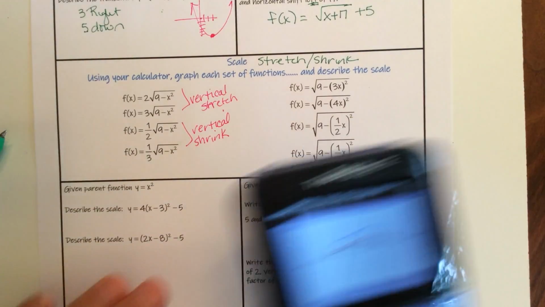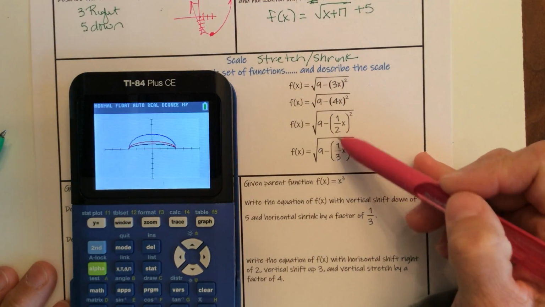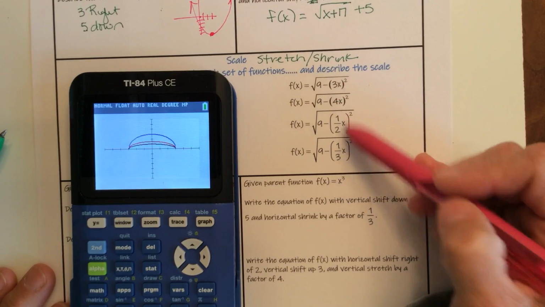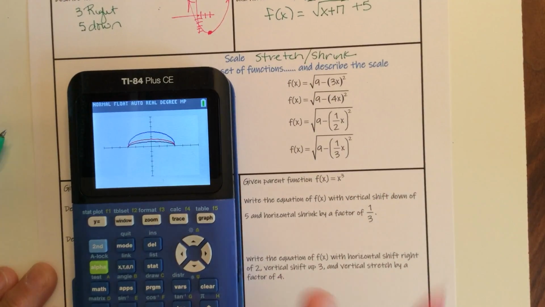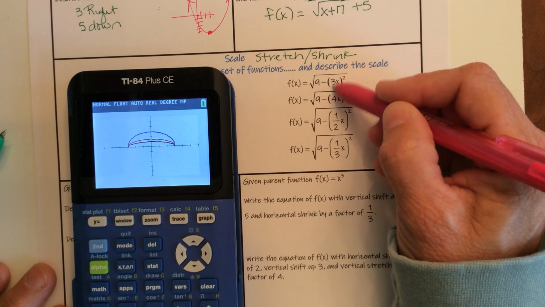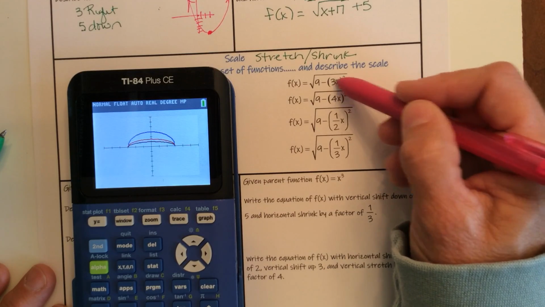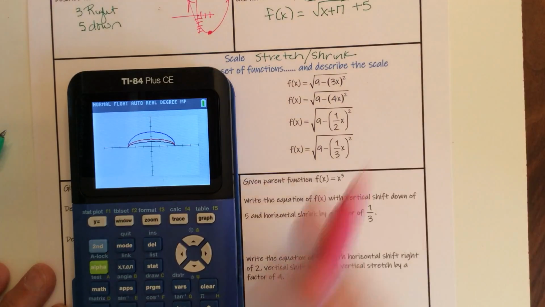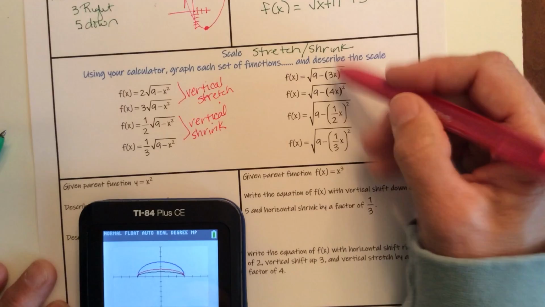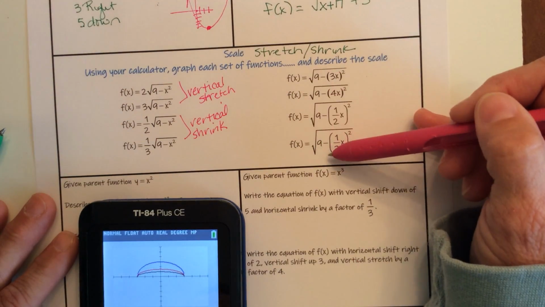All right, so now let's look at this example here. Now this looks kind of strange the way I have them written, but I wanted to leave all of these in this form without squaring all of these, because I wanted you to see the difference between this set of problems and this set of problems.